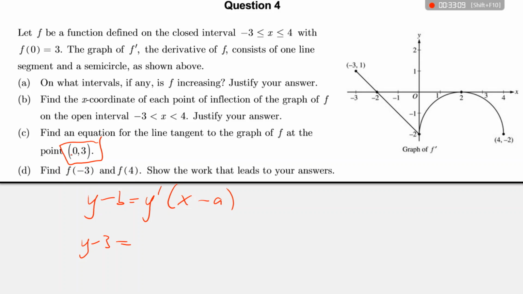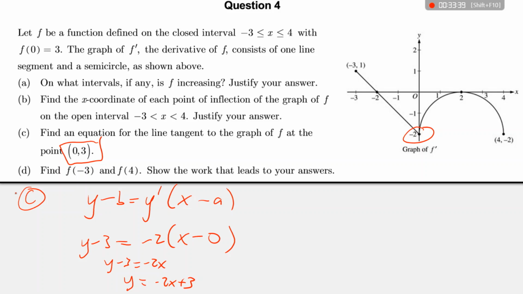My derivative at 0 is -2, since it's the y value of our graph that's showing. So that's -2 times x minus our a value, which is 0. So if I wanted to write this, it would be y minus 3 equals -2x. If I needed to write this in slope-intercept form, then this would be y equals -2x plus 3.